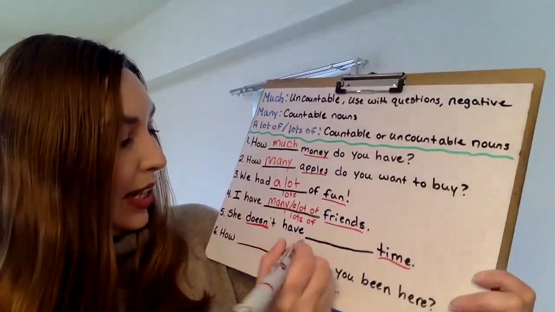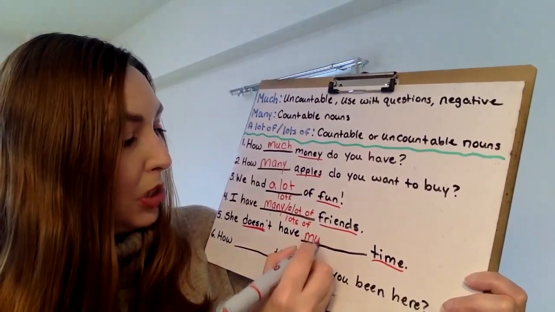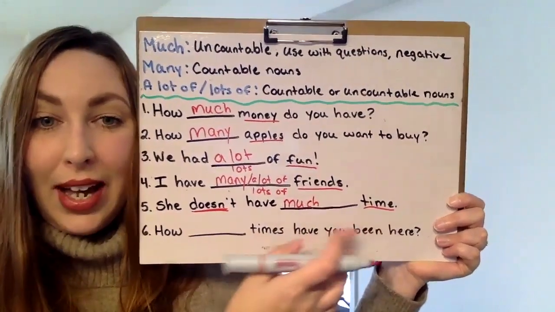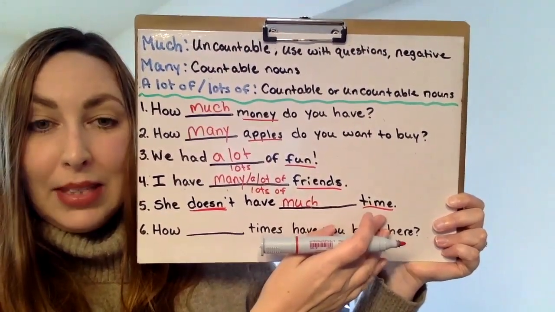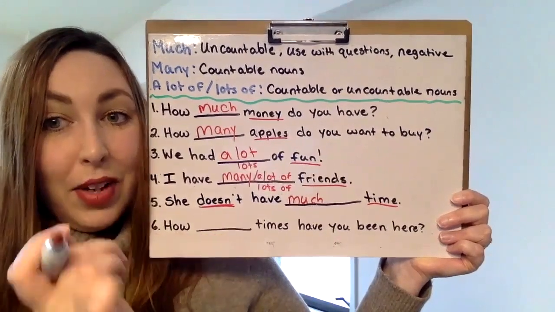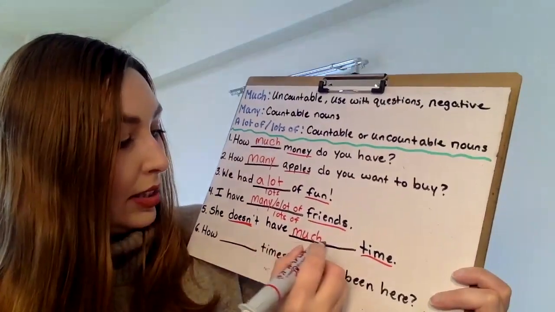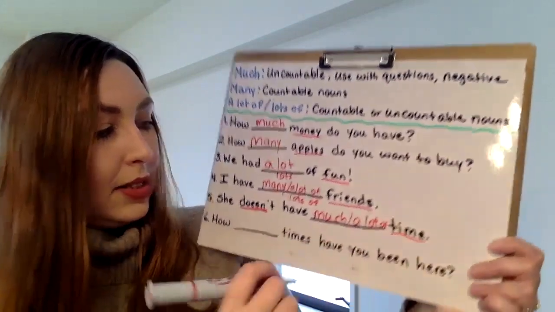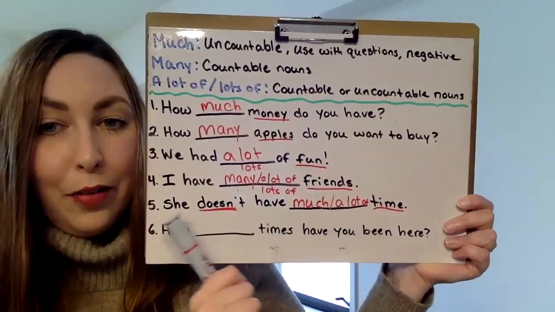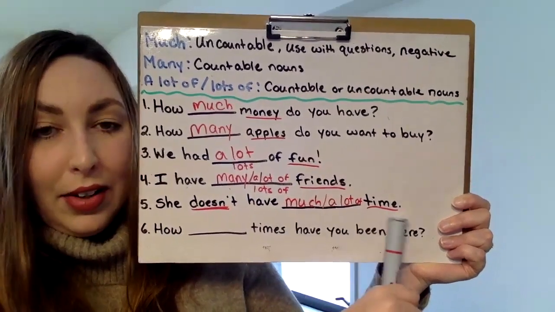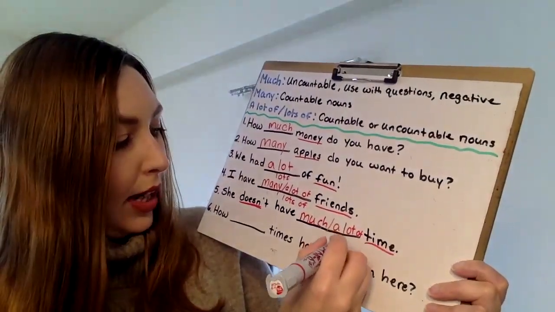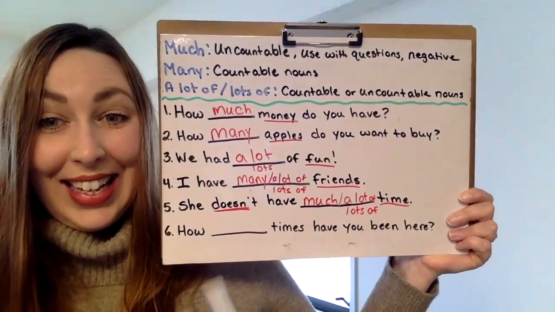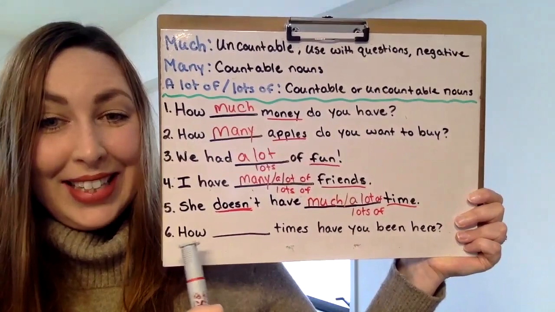So we could say she doesn't have much time. That would be totally okay. Time is uncountable and it's in the negative. We could also say she doesn't have a lot of time. So this is not a question, it's in the negative form. She doesn't have a lot of time or lots of time. Those are all correct.